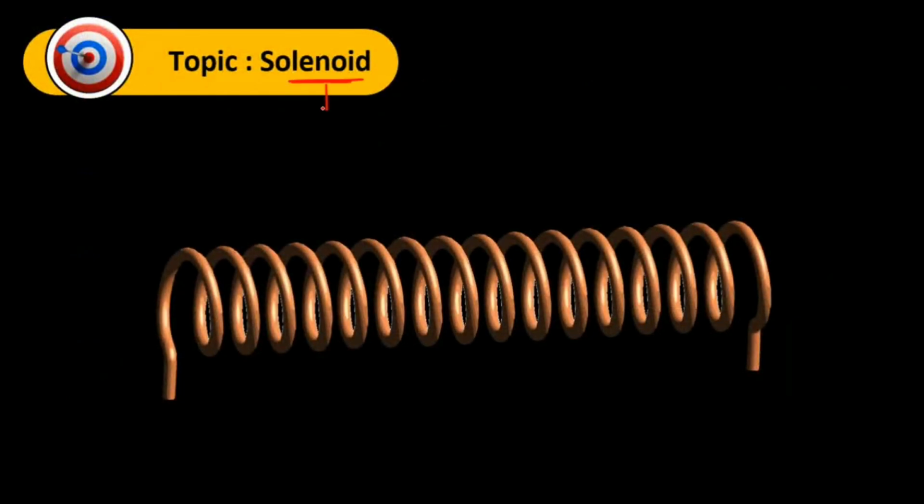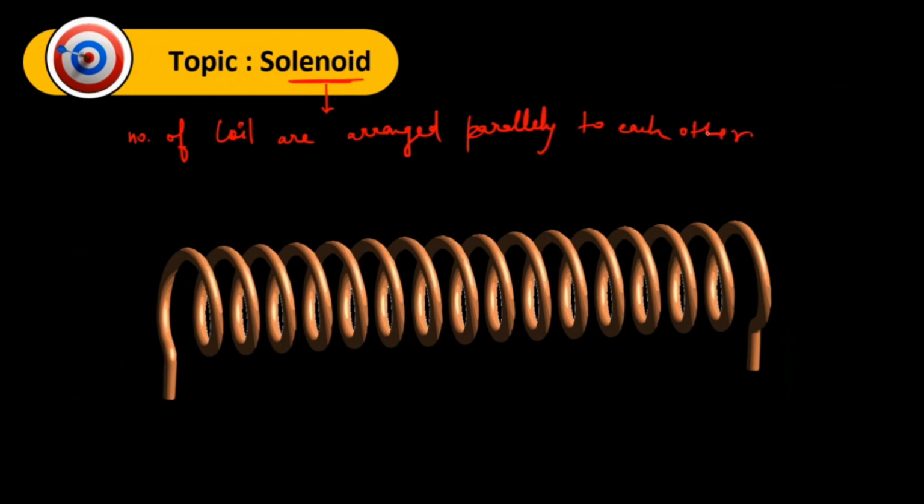Another configuration is called a solenoid. The solenoid is a coil where a number of coils are arranged parallel to each other and they are connected like this. You can see that if they are carrying a current, it must be going like that, like a spiral notebook.